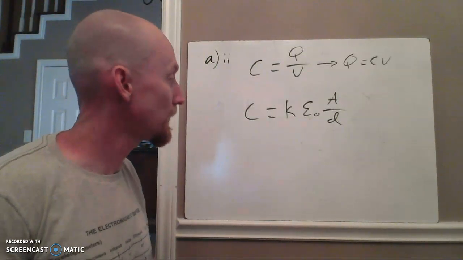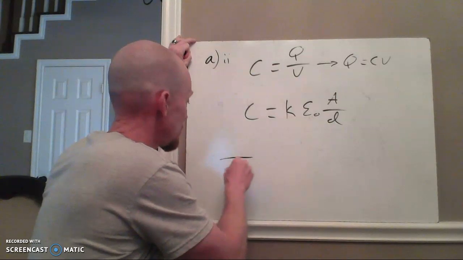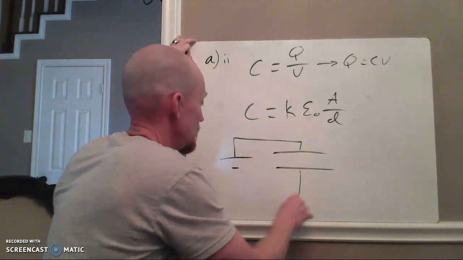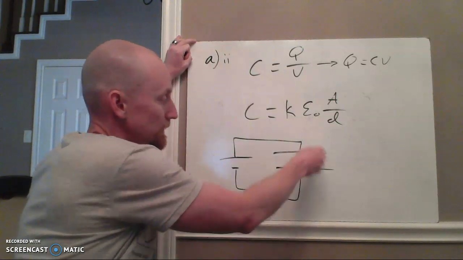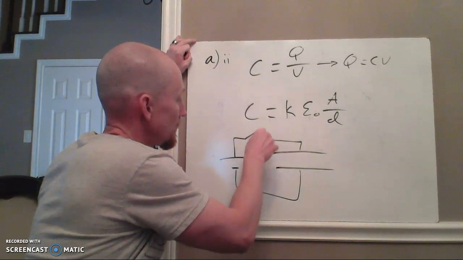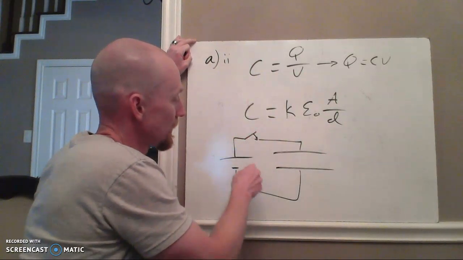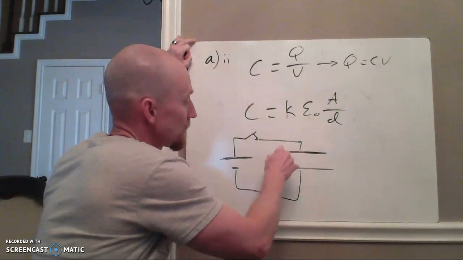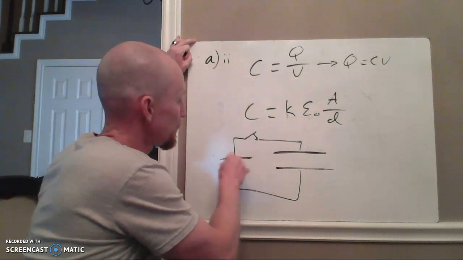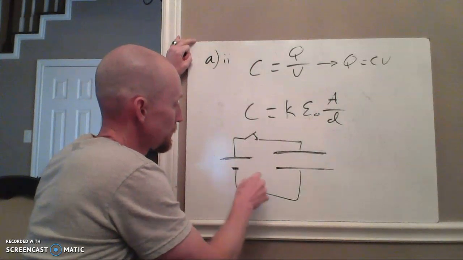If you have a battery, this is my voltage source, here's my capacitor, and I have a little switch here and I close it, then your capacitor is going to be at the same voltage. This plate is attached to that plate, and this little plate is attached to this plate.